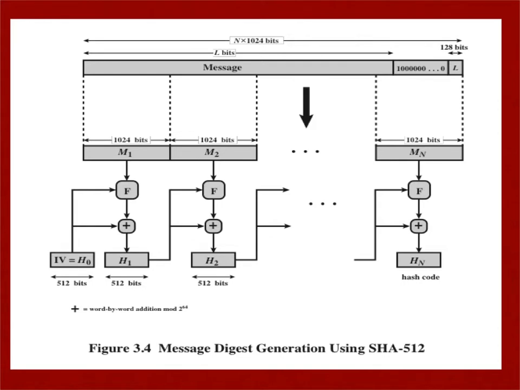So what we do is that we start from an initial hash, which we call an initial vector. This initial vector is an arbitrary hash or arbitrary number. Usually it's a prime number or something like this, but it's pre-configured. It's given.